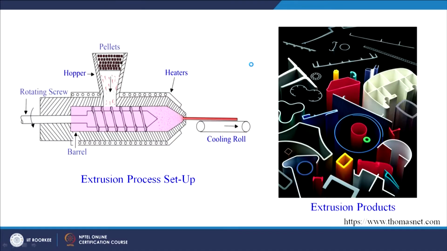So let us try to understand it with the help of a diagram. Here we can see these are the pellets, as we have seen in the previous slide. Thermoplastics are the material of choice for making the products using the extrusion process.